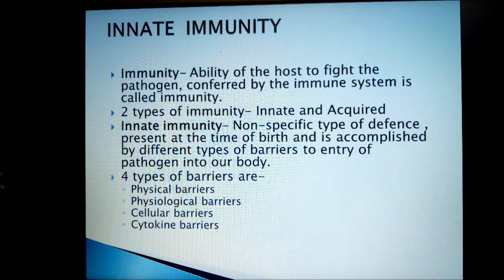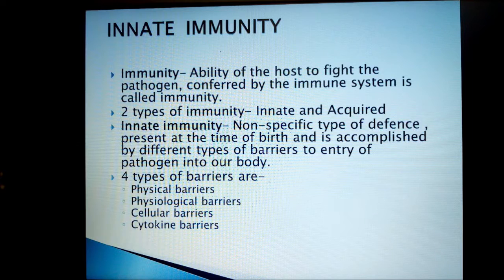Polymorphonuclear leukocytes, monocytes and natural killer cells can phagocytize and destroy microorganisms. So the cells of our immune system are there to kill the microorganisms; they are cellular barriers.